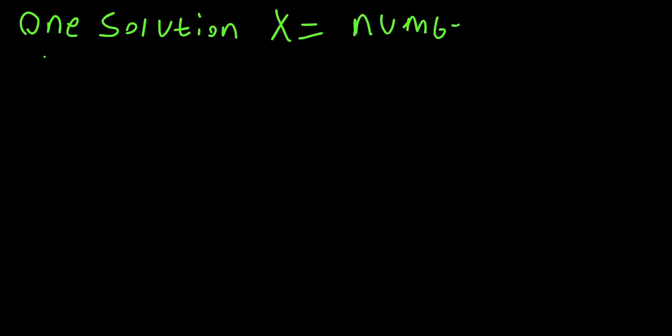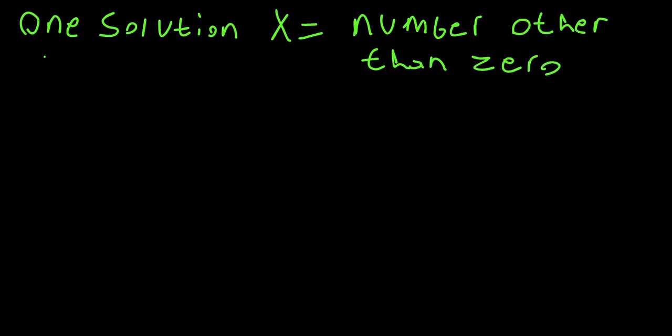And one caveat, and this is the addendum from the previous video, it is a number other than 0. That's when you have a solution. Anytime that x equals a number other than 0, you have one solution. If you can make valid algebraic manipulations and get to a number other than 0, you have a valid solution.